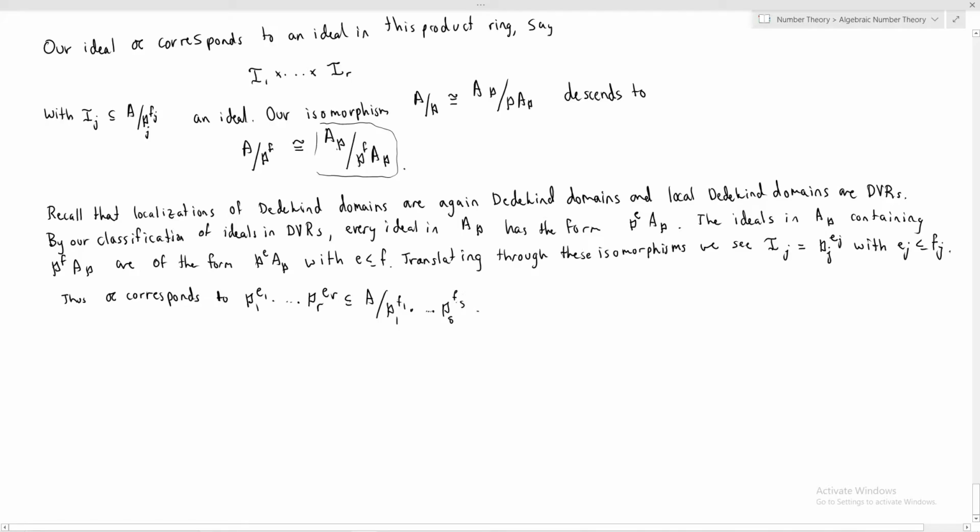And then by the correspondence between ideals in the quotient and ideals containing the ideal you're quotienting by, I think by the correspondence theorem, I think that is just what this is called, A equals P1 to the E1 through PR to the ER. Okay, so this proves existence.